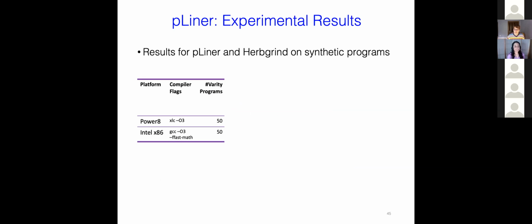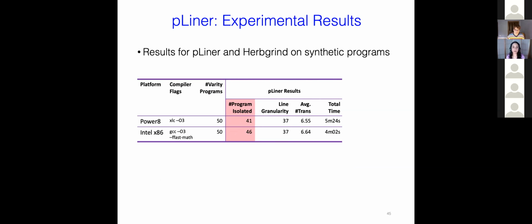And yes, so for the synthetic programs, we generated 100 programs, 50 for the Power 8 platform and 50 for x86. And pLiner was able to isolate the inconsistencies in 87 out of the 100 programs. And in 85% of the cases, we were able to isolate one single line.